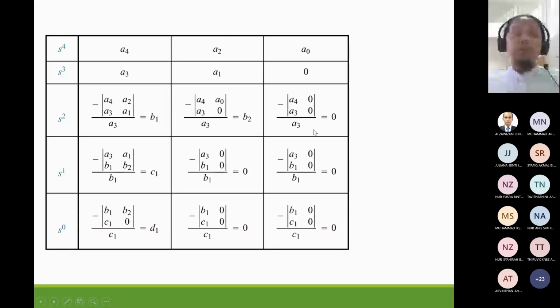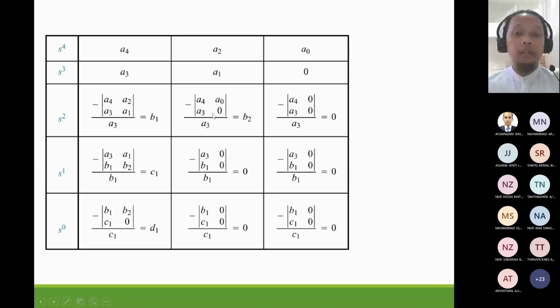So how do you remember this? My way to remember it is by looking at the two rows above. For S to the power of 2, for example, it's the negative determinant of A4, A3, and then in the next column, A2, A1, divided by A3.